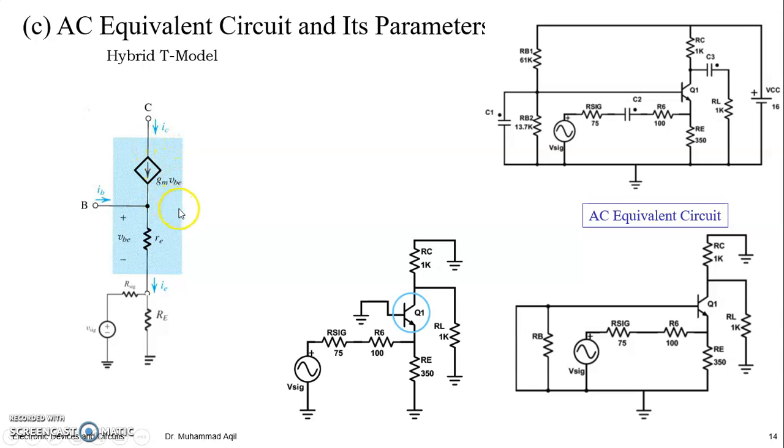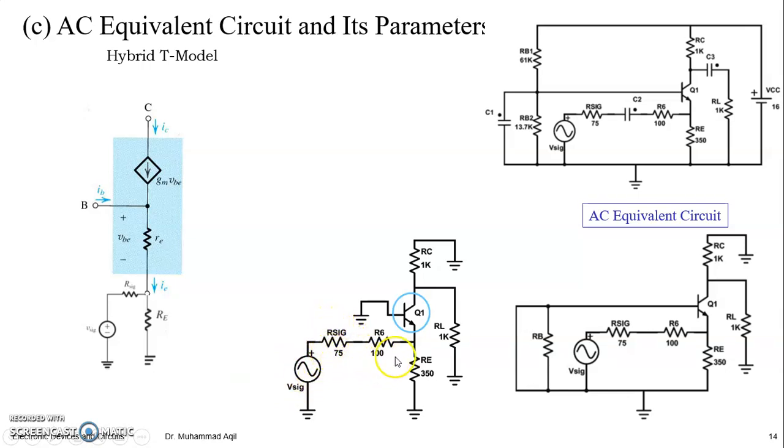Remember, we have neglected the early effect. There is no r0 resistance from collector to emitter, right? Now we can connect the circuit. At the emitter we have RE grounded, and we have a current limiting or safety resistance, the 100 ohm resistance R6, and the supply source resistance R signal, right?